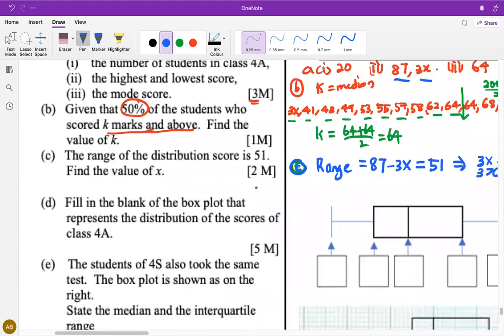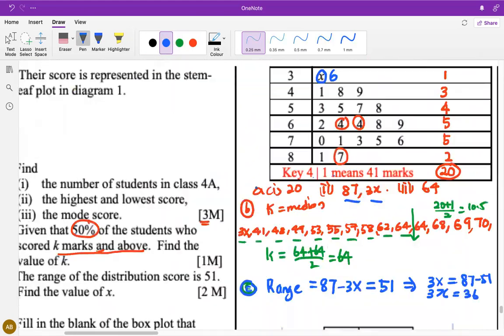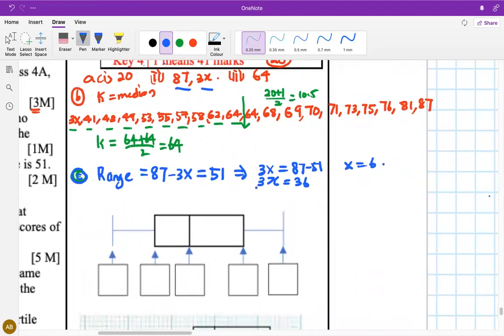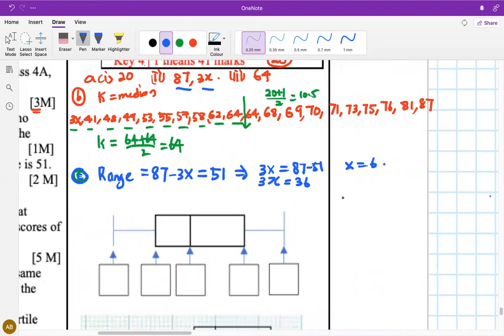So now we want to fill in the box plot for 4A. For a box plot, you need to find 5 pieces of information. That is the lowest data, which we have already, 36. Then quartile number 1, sorry, not number 2. I always start with number 2. I don't know why, maybe because I thought it's L1.